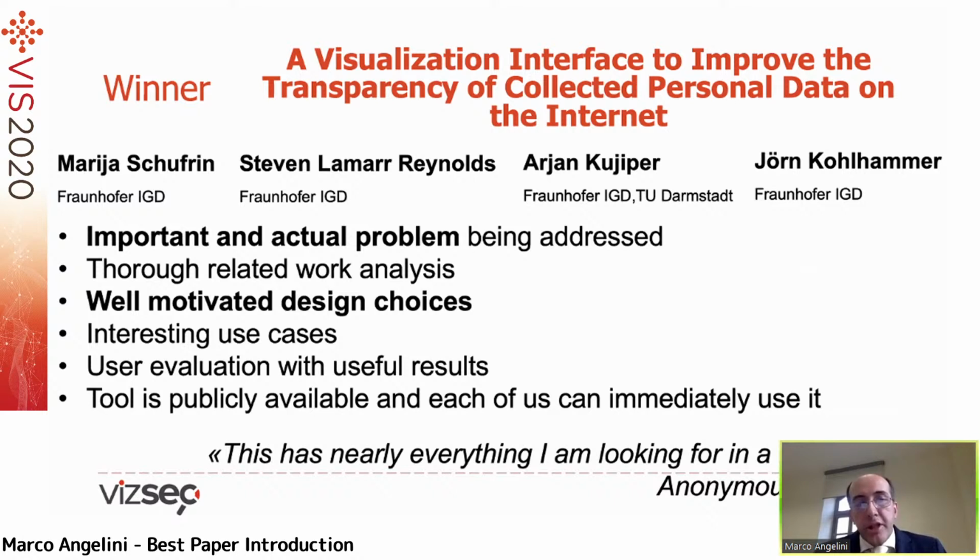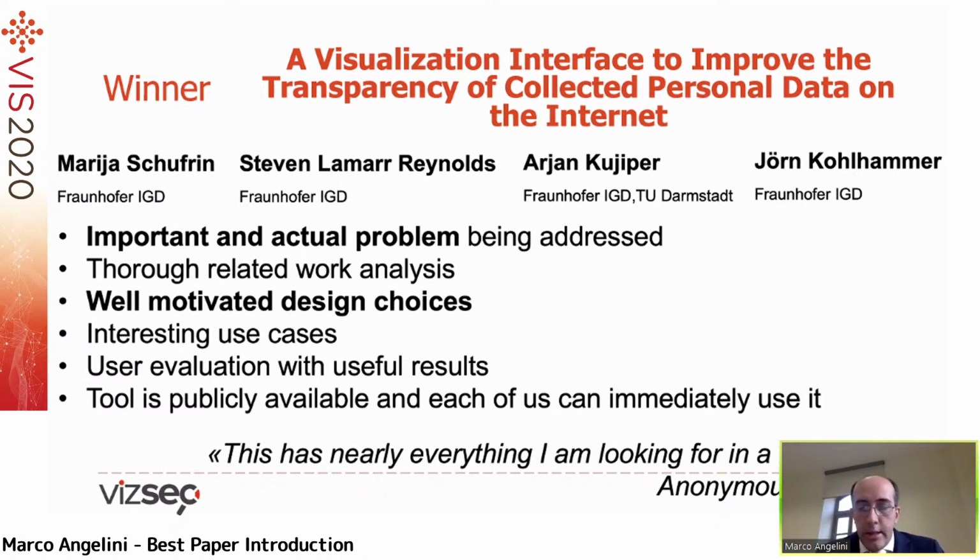Going briefly and without spoiling too much of the paper, the paper coped with an important and current problem, that is the protection of personal data with respect to all the platforms where a normal person could expose it without being aware of what he is exposing of himself.